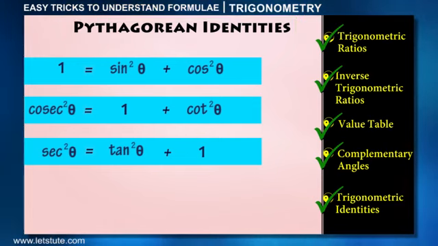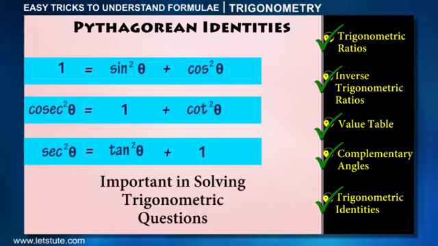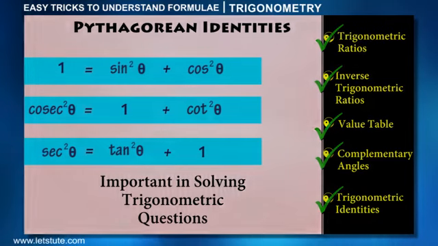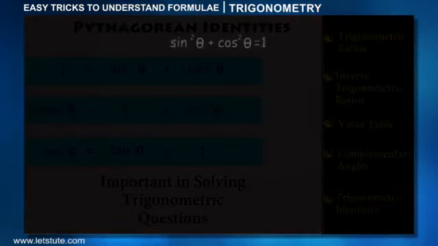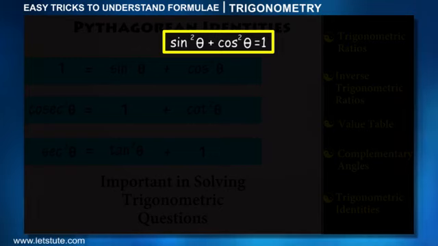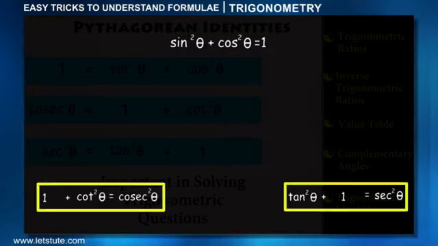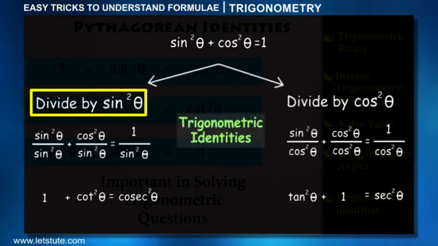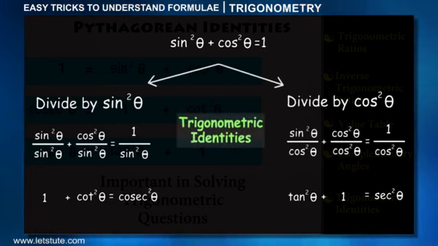And like all the other formulae of trigonometry, these three are also very important in solving trigonometric questions. And they are very easy to remember because once we know that sine square theta plus cos square theta is 1, then to obtain the other two, we divide this identity first by sine square theta and then by cos square theta.